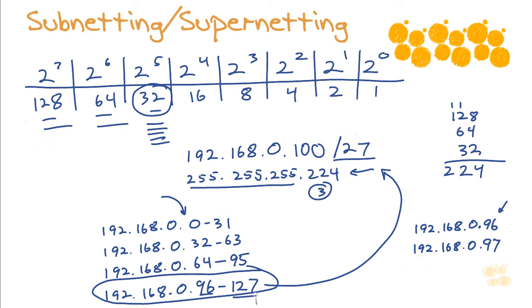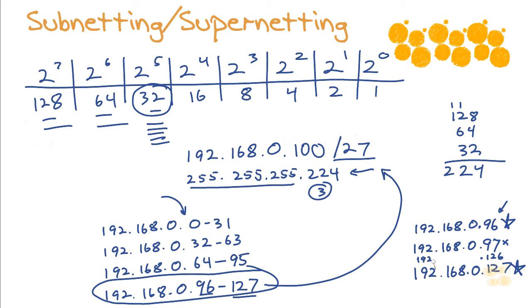The 127 is the broadcast for that particular subnet. So there's your broadcast. So these are those 2 unusable IP addresses that are the -2 in our formula. And we see that the 97 is the first usable, and the last usable would be a .126, wouldn't it?